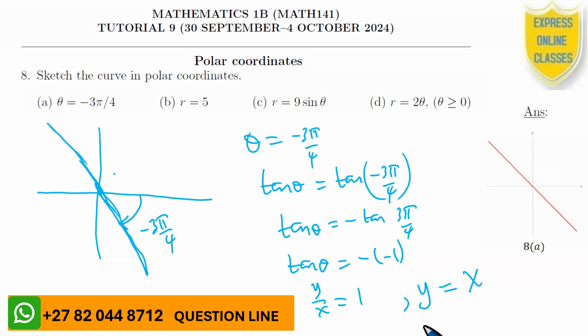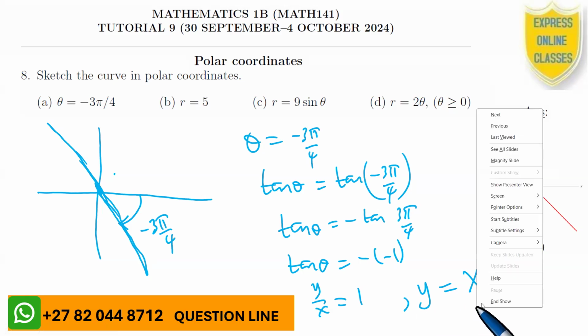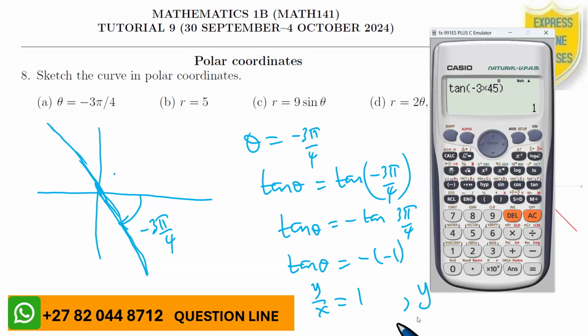What would be the associated angle of these here? So now we have the tangent of minus 3 times 45, which is 1.